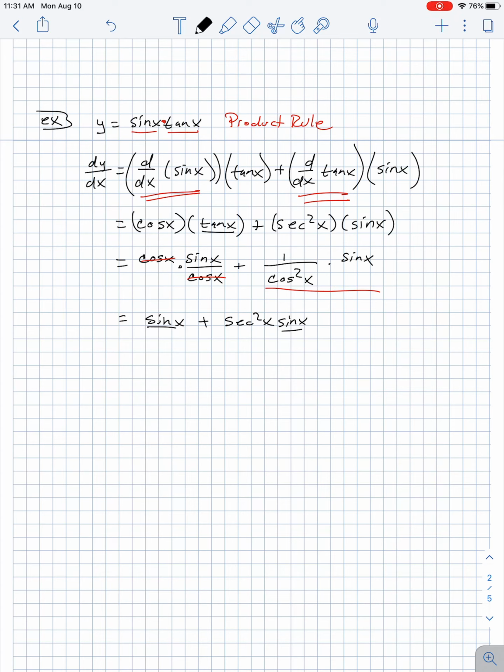So since I don't have a denominator, this is not going to benefit me greatly, okay? Although you look at this, and some of you guys might identify that this is the Pythagorean identity. You could replace that. That would make that really nice. So let's take a look at that.